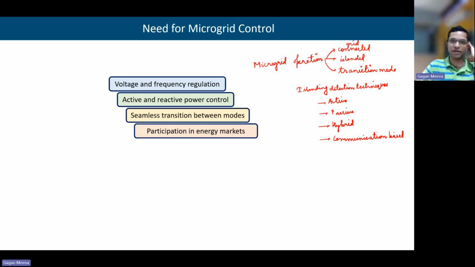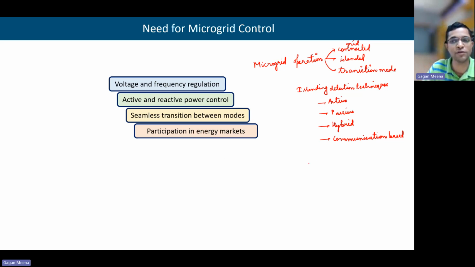Okay, then control is also required for participation in the energy market because we want to have an optimal cost operation. We want to minimize the cost of operation. And for that, we would always want to participate. If, let's say, the market is offering a lower price than the operating cost of the generators within the microgrid, then the microgrid controller should be able to do that.